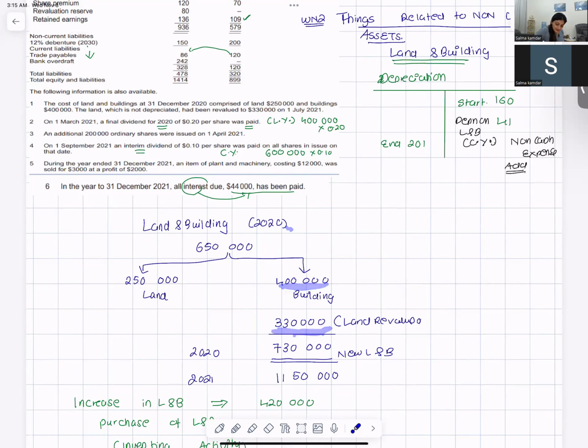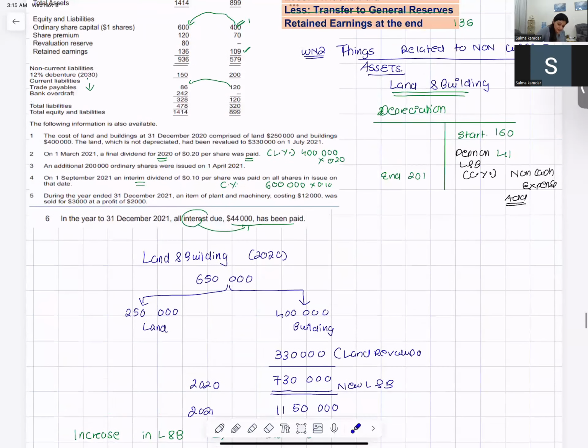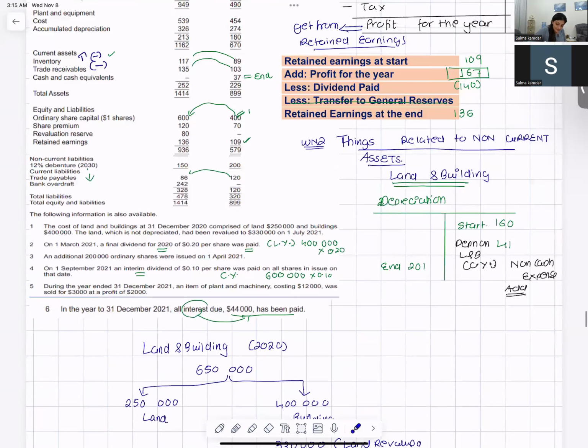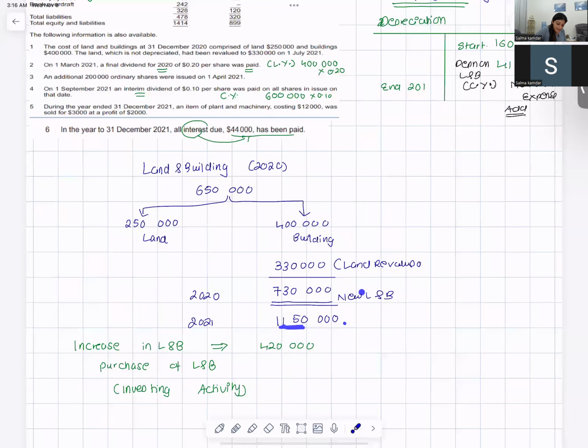So your total value on 2020 of the revalued land and the old building becomes 730,000. And in 2021, the cost of your land and building is showing 1,150,000.